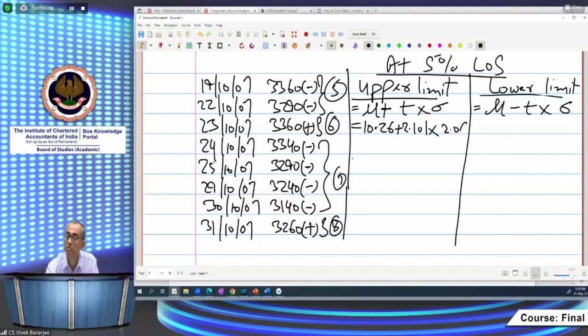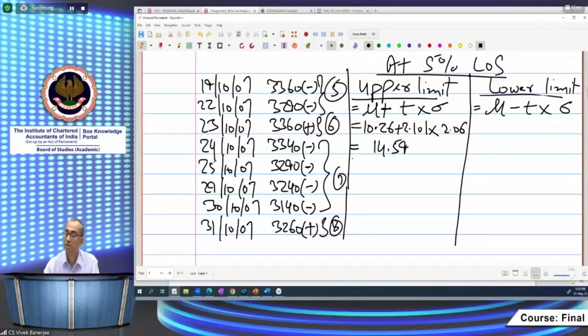We know 2.06, we have calculated it. Now let us calculate this figure. It is coming to 14.59, the upper limit.